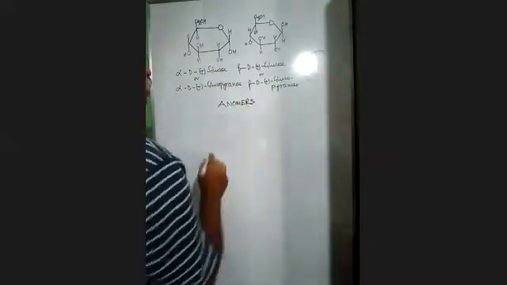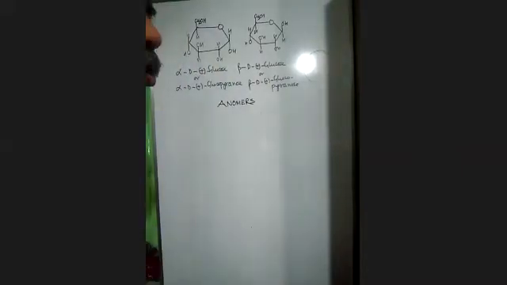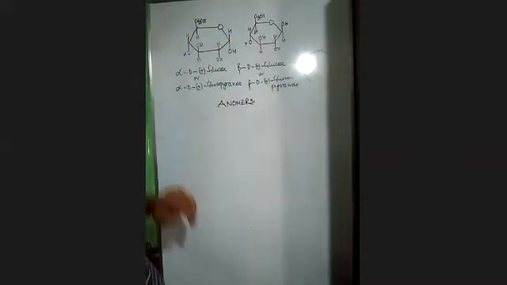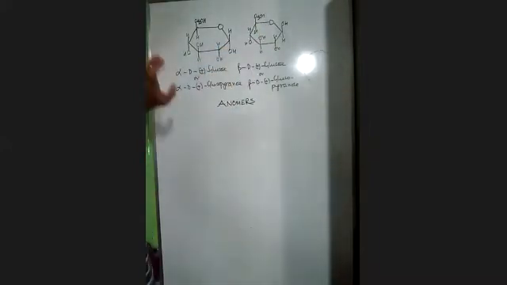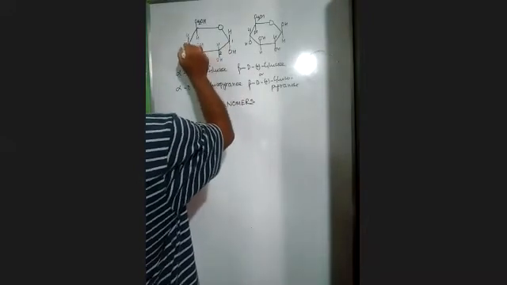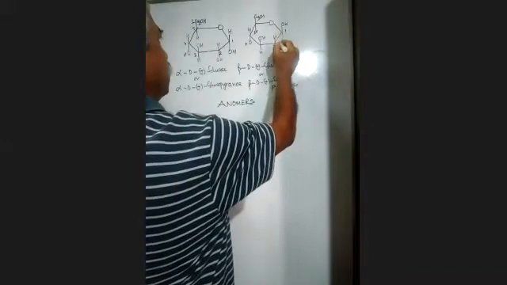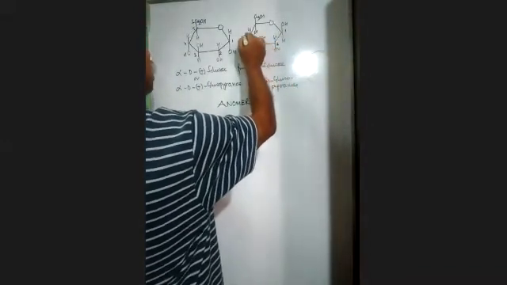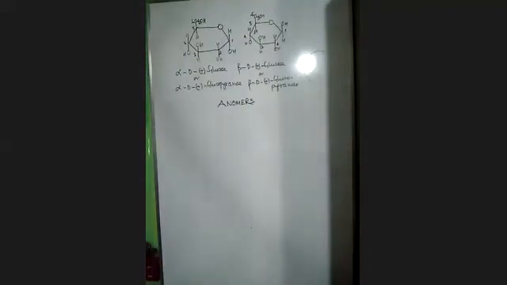Why are they anomers? Because the structures of these two differ at the configuration of a certain specific carbon. What are the carbons here? This is 1, 2, 3, 4, 5, 6. Why is it 1?